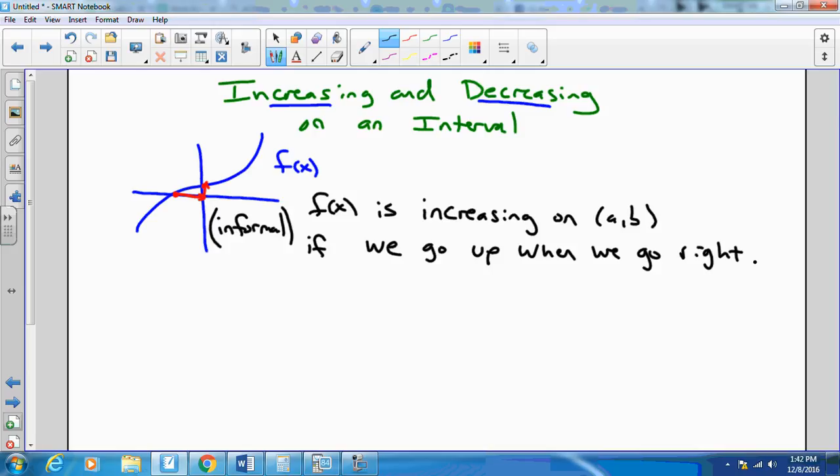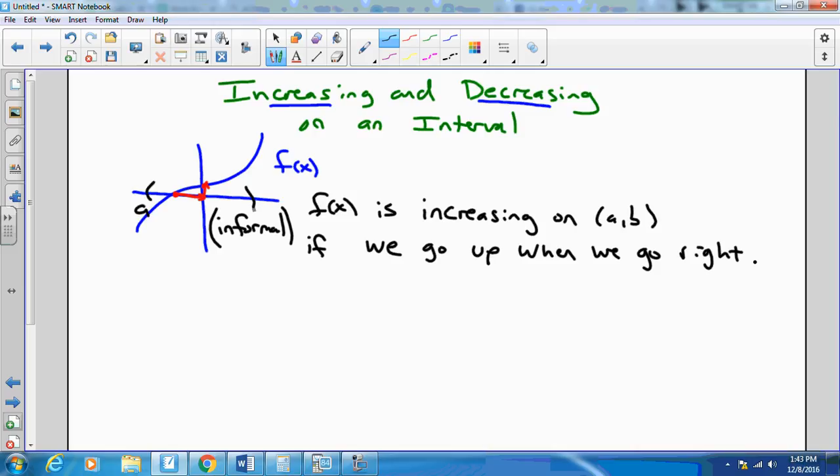Now, when I say this is an informal definition, what I really mean is that this is a slogan that you can use to help you remember what the language means, but it is not official language that you are going to use on any test or quiz. It's going to be for you to be thinking as the meaning of what we're about to say here. Now we need to really capture it.